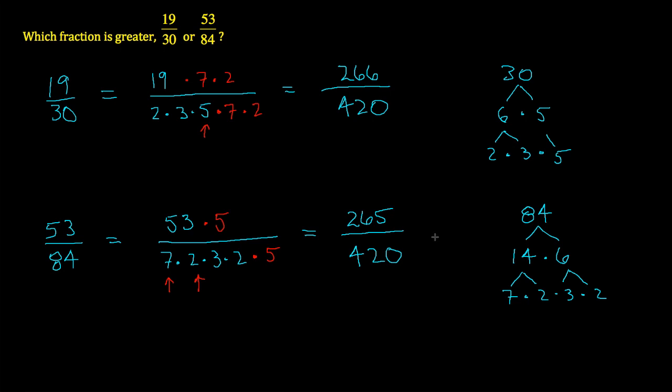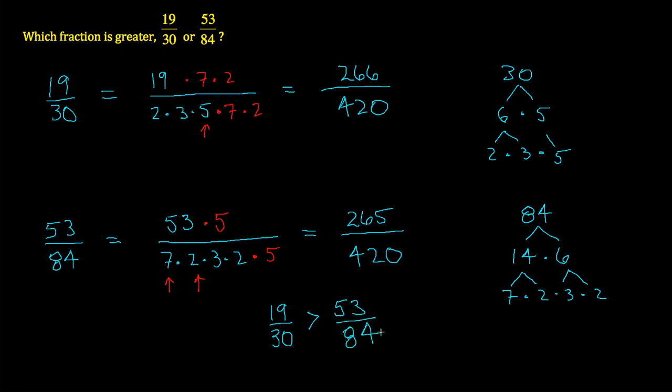So the 266 is just slightly greater than the 265. So we can see that now the fractions can be compared pretty clearly, whereas before it was a little more difficult. And so based on these two fractions with the same denominator, the 266 exceeds the 265, so we can say the 19 over 30, 19/30ths, is a fraction which has a greater value than the 53 over 84.